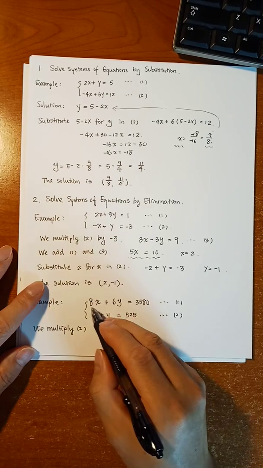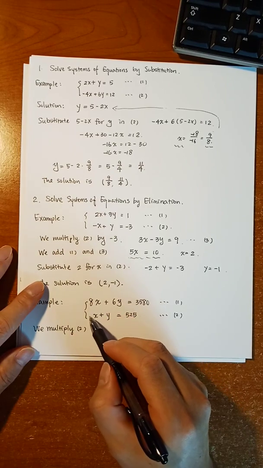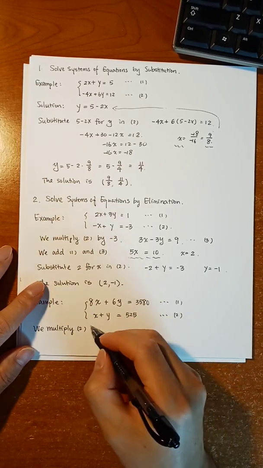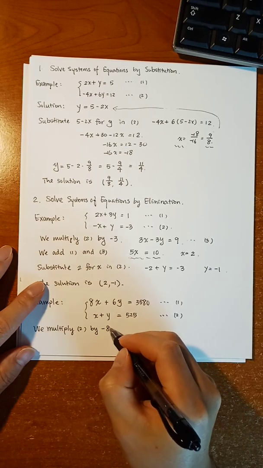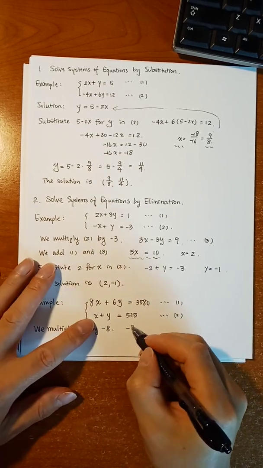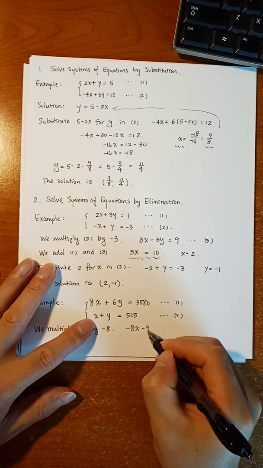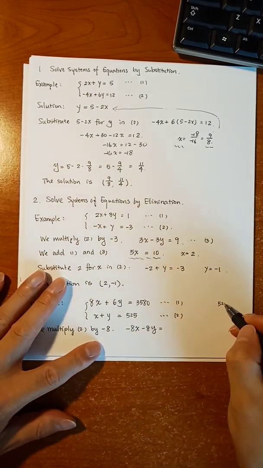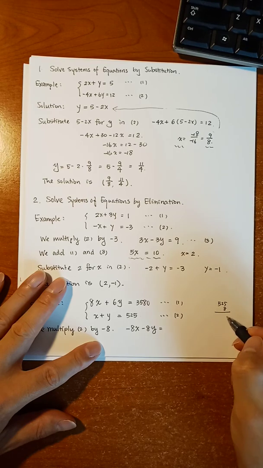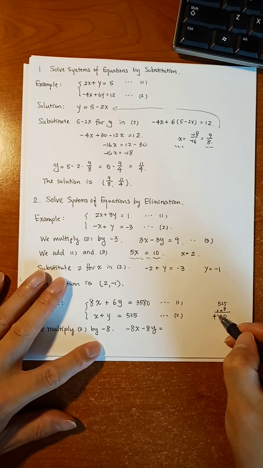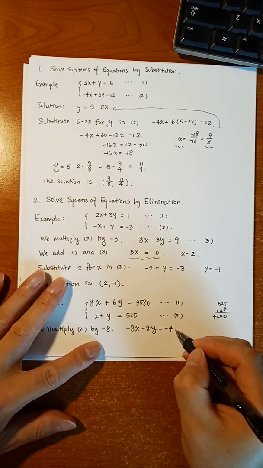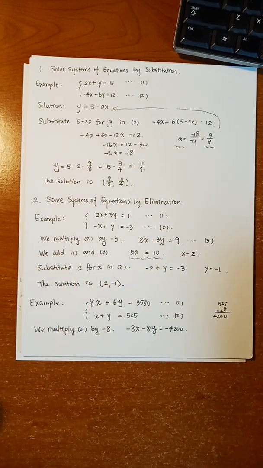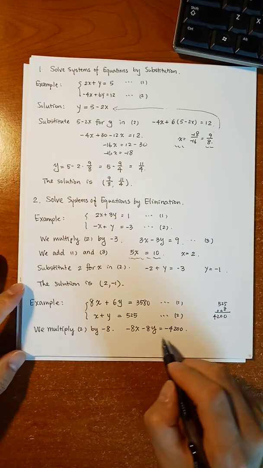If we want to eliminate X, so here's 8, I'm going to multiply the second equation by -8. So we'll get -8x minus 8y is equal to, well, 525 times 8, negative 4,200. Right? So this is the second equation.